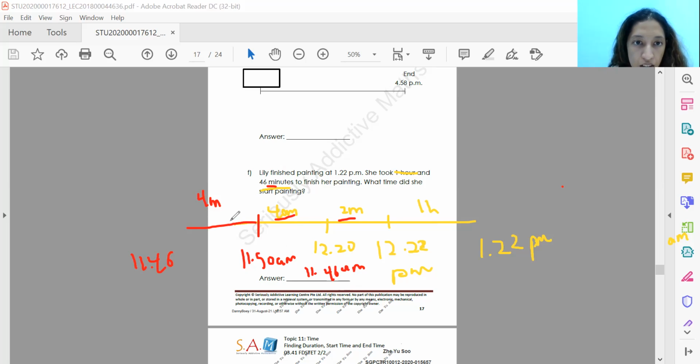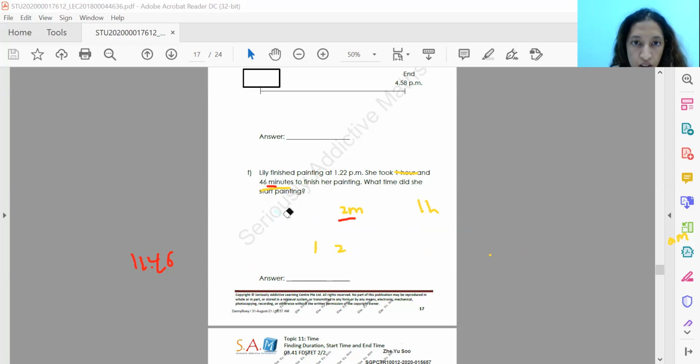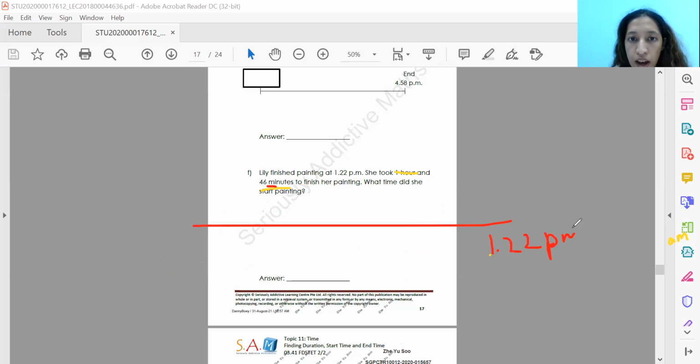Sorry, one second. Something is wrong. Okay, let me redo this again. There might be a mistake somewhere. 1:22 p.m., 1 hour before is 12:22, right? And then 12:20 would be 2 minutes.